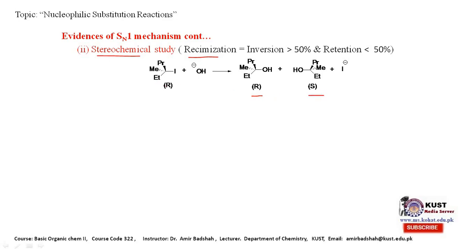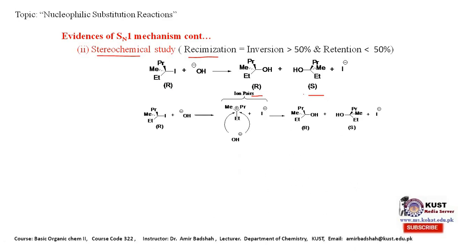So one half of the molecule has the same configuration as that of the reactant, and the other half has changed its configuration. They have been changed from R to S. How did it happen?